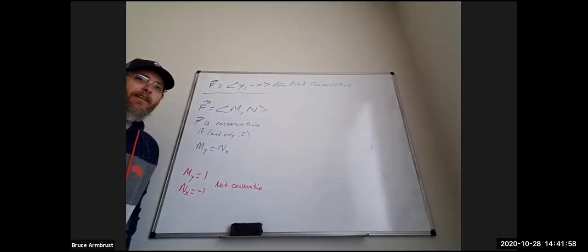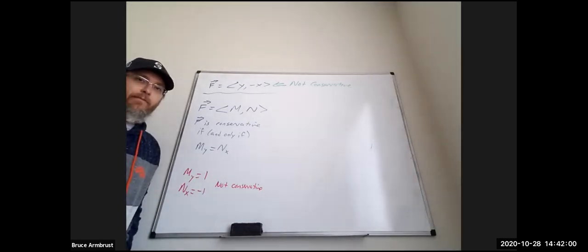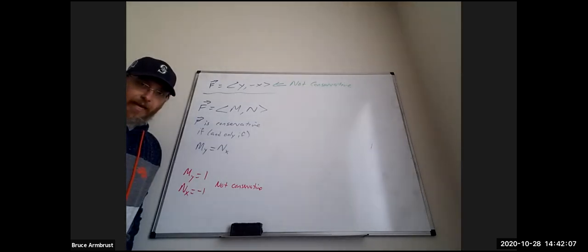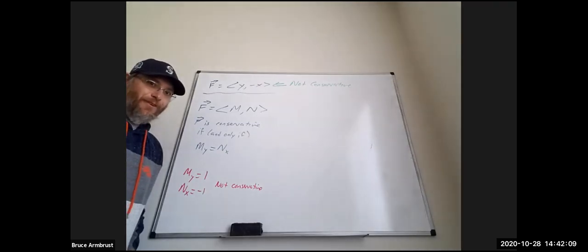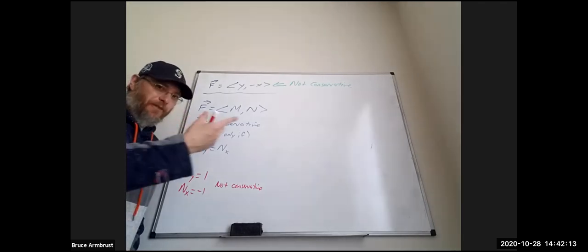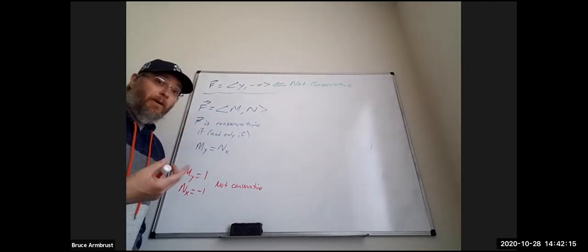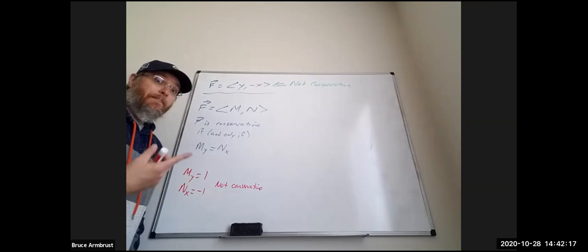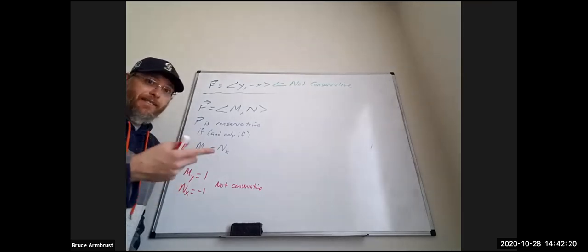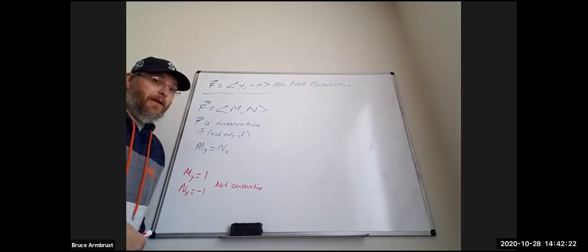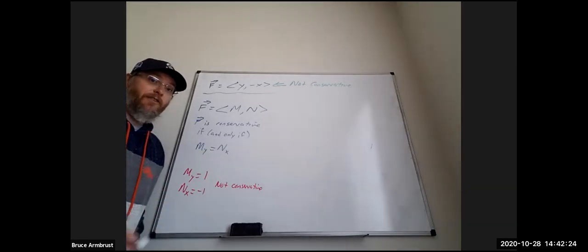Those are not equal, so not conservative. Super fast check, saves you all kinds of time, right? I don't think I could go back and rewrite what the partials were for that one where we took a potential function and then built it. But if you look at those, the derivative of the first one with respect to y is going to equal the derivative of the second one with respect to x, which tells you that it is conservative.